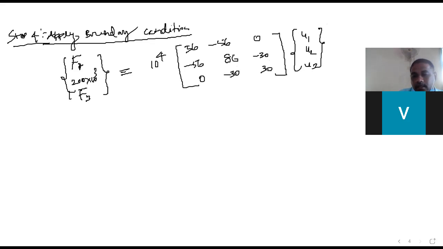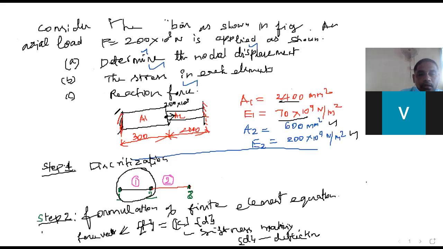If you see the boundary conditions here, both node number 1 and node number 3 are arrested. That has been fixed. In case the end has been fixed, there won't be any deflection at all on these nodes. Simply we can say u1 is equal to u3 is equal to 0.